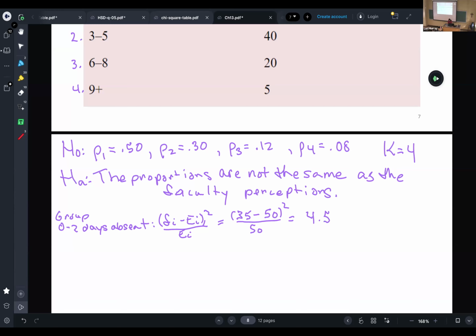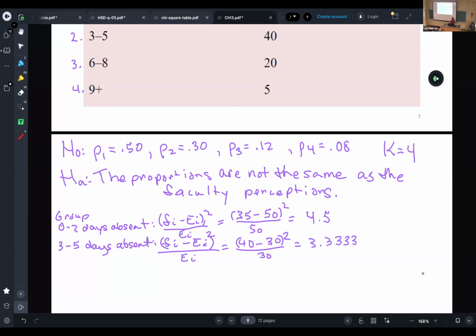Then we do the next group, 3 to 5 days absent. And we're going to have f of i subtract e of i. Always write down your formula, it keeps it straight. And this is going to be 40 subtract 30, squared, divide by 30, and that's going to be 3.1234.